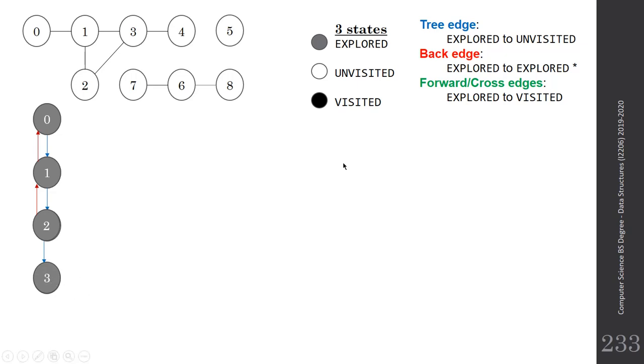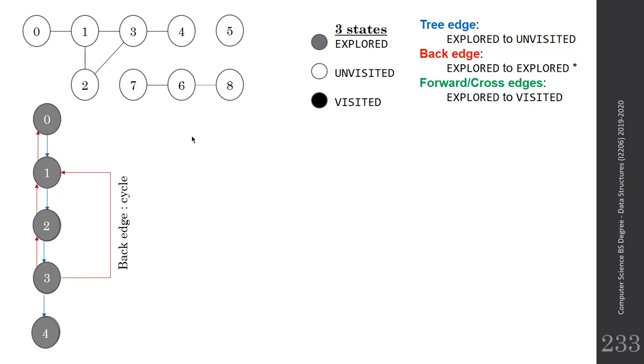When moving to 1, it's from explored to explored. However, the parent of 3 is 2 and not 1, so it's classified as a back edge, and there's a cycle. From 3 I can move to 2, so it's a normal back edge, and from 3 I can move to 4. It's a tree edge because it's from explored to unvisited, and 4 will become explored.